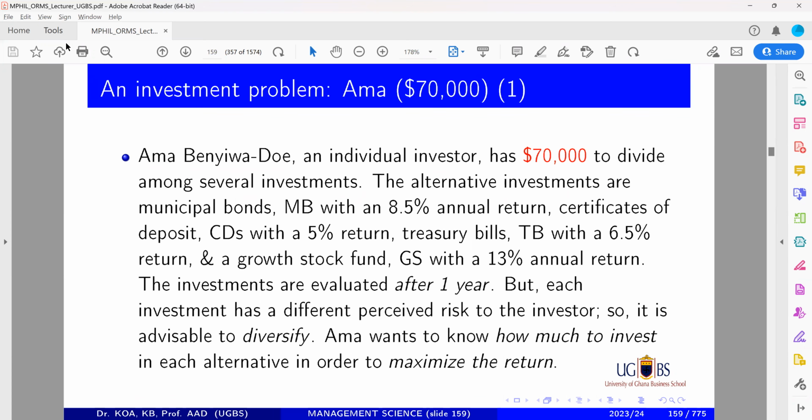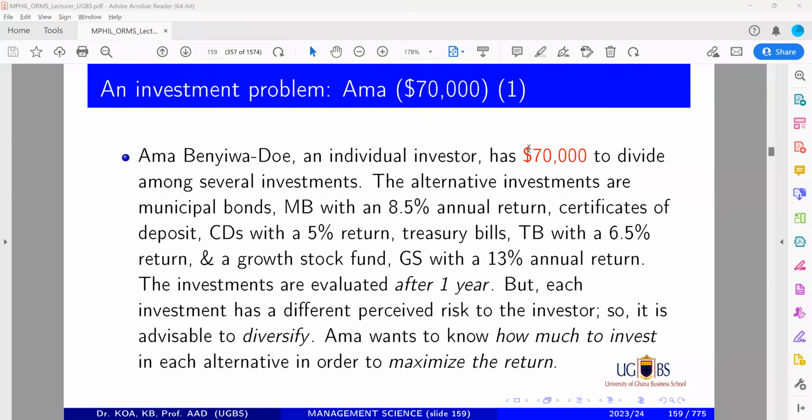And remember, it's always the decision variables that we normally use, the X1, the X2, the X3. Eric. Yeah, so Doc, Amma is supposed to decide on making investment in MB, CD, TB, and then GS.